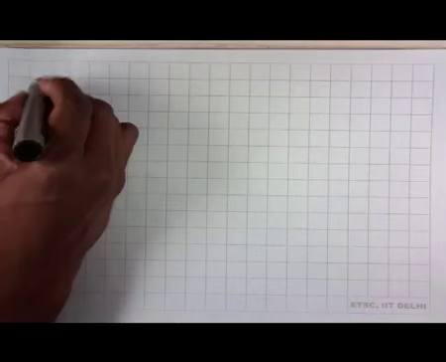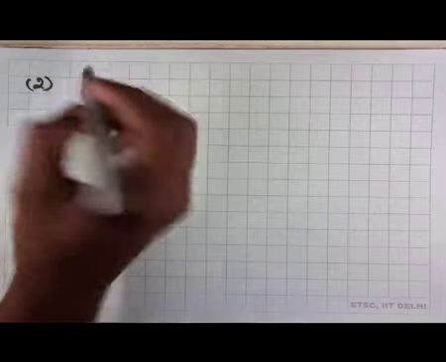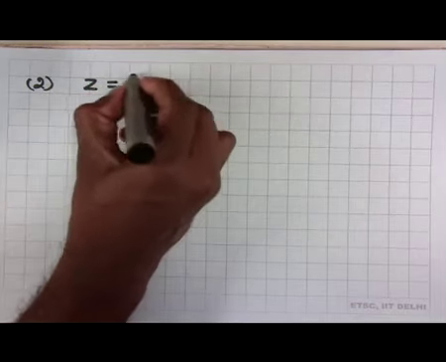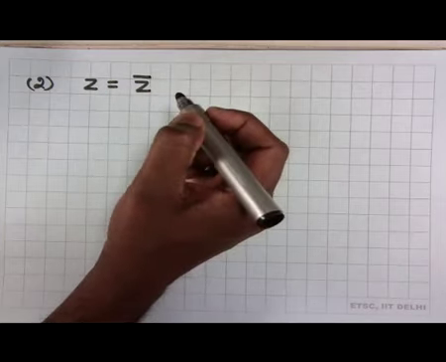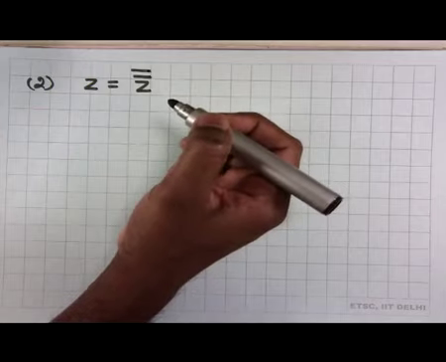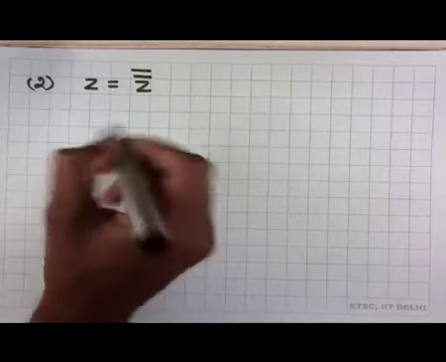Property 2, if we apply conjugation to z bar again, we return back to z. Okay. This is again straightforward.